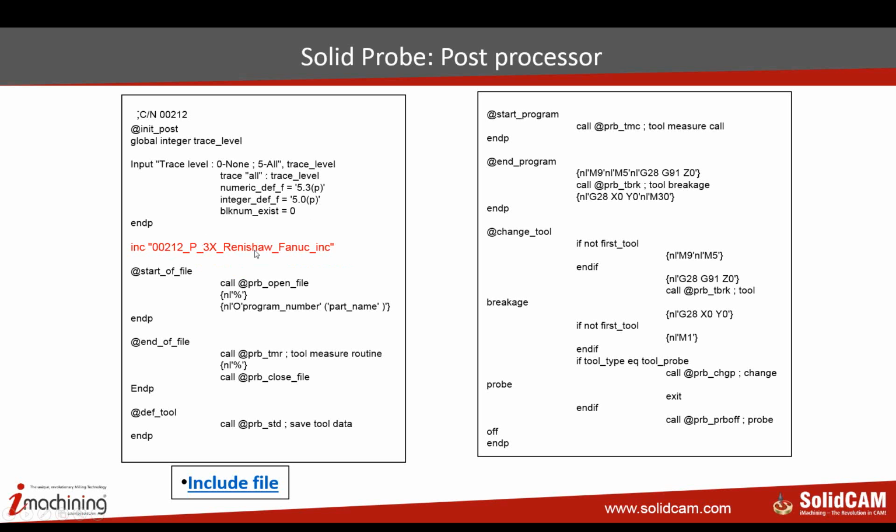This file will be copied to the GPP folder where all the posts are stored, and this post now, with the new include file support of the cycles, can generate the G-code for probe operations.